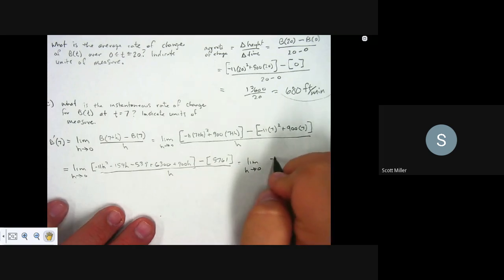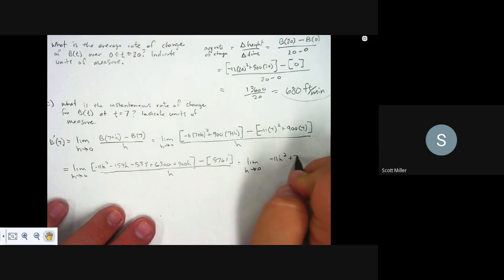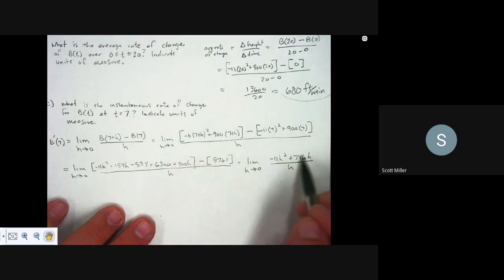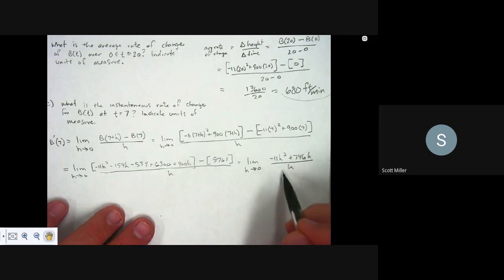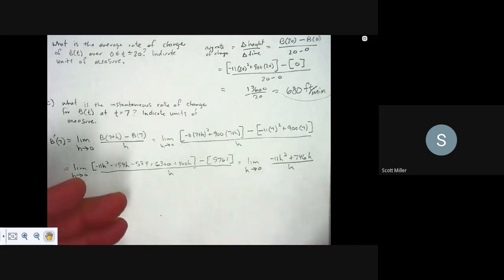And I should have a negative 11h squared plus 746h over h. And you will notice that there is a common factor of h on top. And that's what you're hoping for, okay? Because this h on the bottom is going to be a problem. If you think back to our limits, h goes to 0, then that's going to be a 0 on the bottom, and I have an issue here.